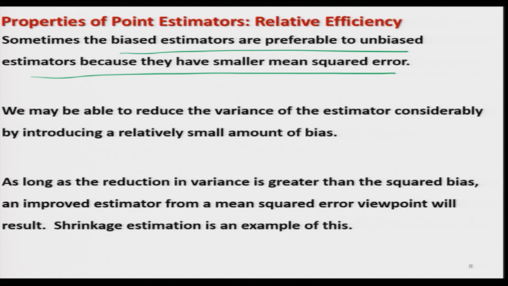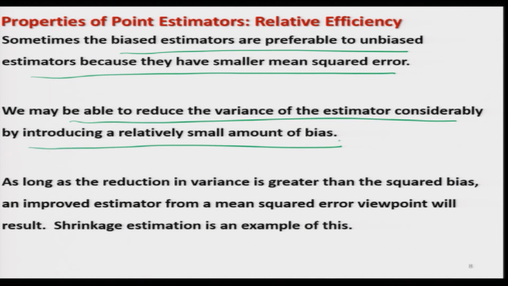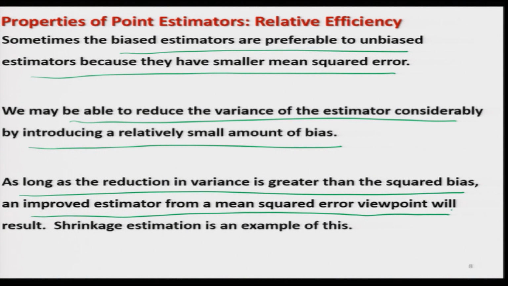In those situations this concept is useful, and we may be able to reduce the variance of the estimator considerably just by introducing a relatively small amount of bias. And as long as the reduction in the variance is greater than the squared bias, an improved estimator from a mean square error point of view will result.